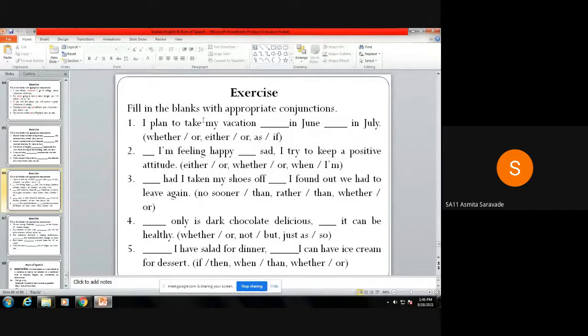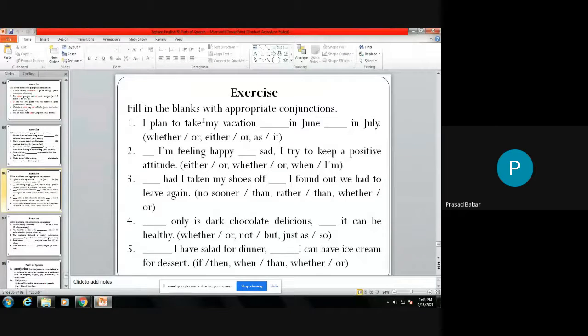Either or. I plan to take my vacation either in June or in July. Very correct. So either or is the correct option that we have. Okay, so this is the first example.